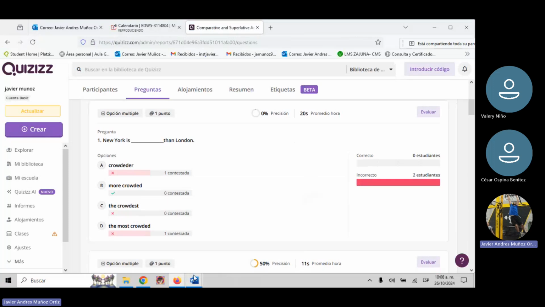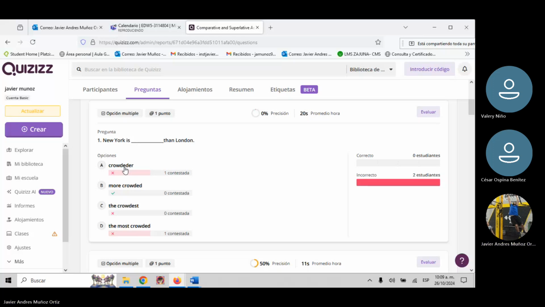Okay, so in this case, crowded is a word that has two syllables. And when we have a word that has two syllables, we are in a limbo. So there are two possibilities. We could add er, or not change the word but add a new word: more crowded or crowdeder.